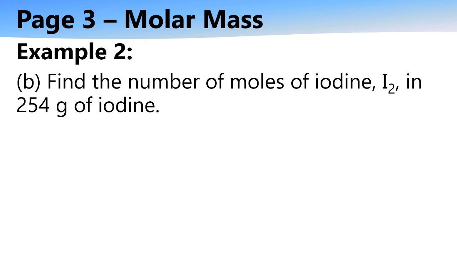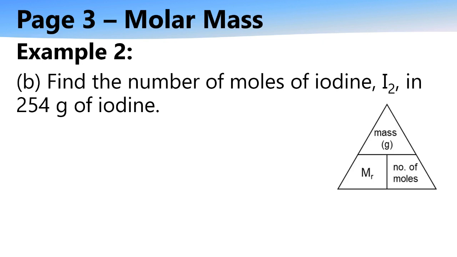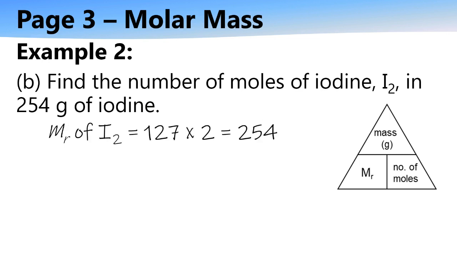Find the number of moles of iodine I2 in 254 grams of iodine. So you can see once again from the formula triangle, I want to find the number of moles. Okay, and that means I need to find the mass in grams divided by the MR. So once again, I need to find the MR of I2, and that will be 127 times 2, which is 254.